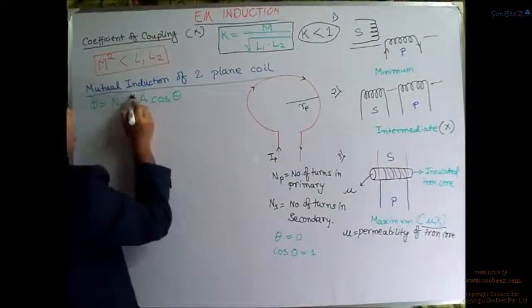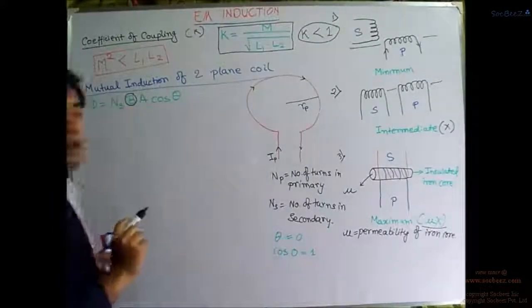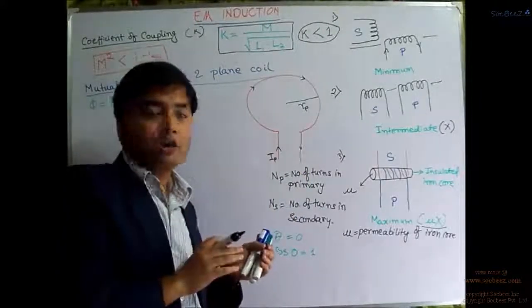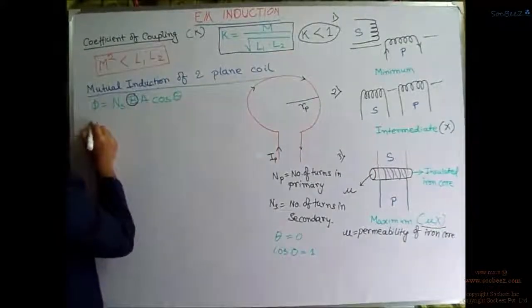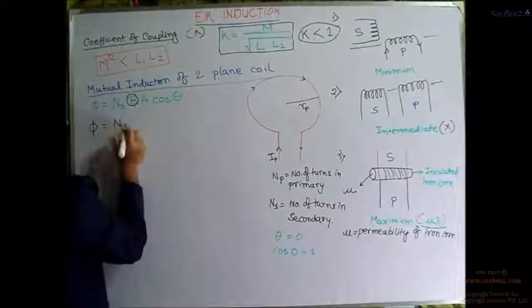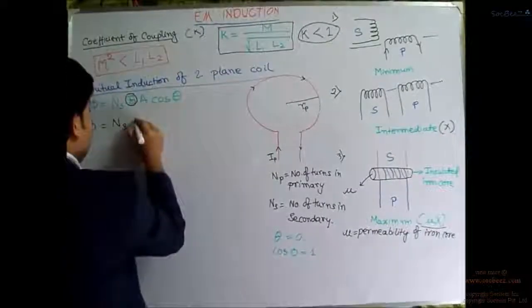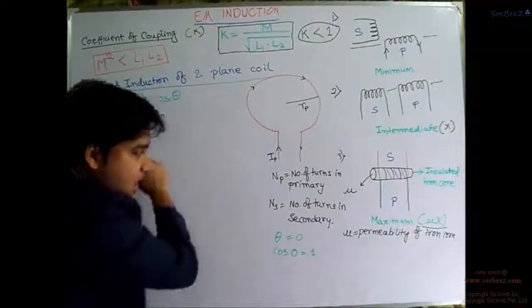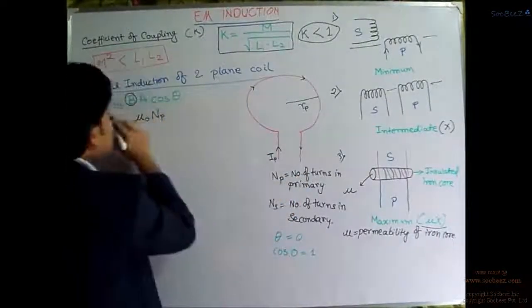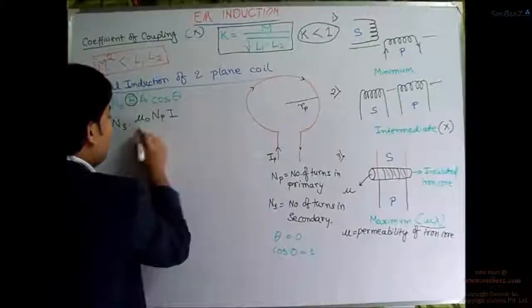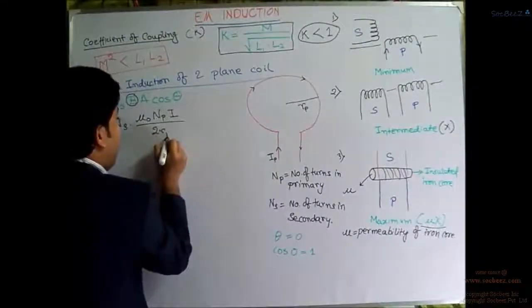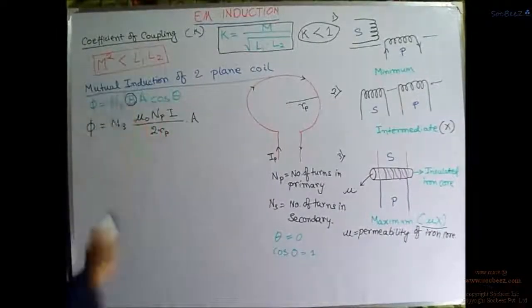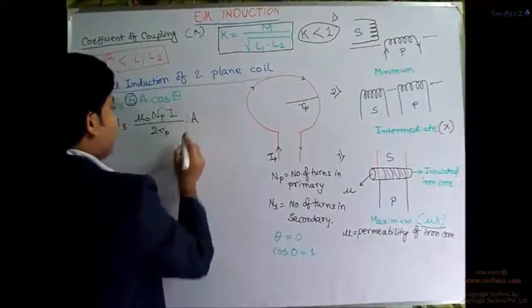Over here the value of B, what is it? We have seen this before. B over here will be mu naught Np, the number of turns for the primary, multiplied by I divided by 2 Rp, multiplied by A, and cos theta will be 1, right?